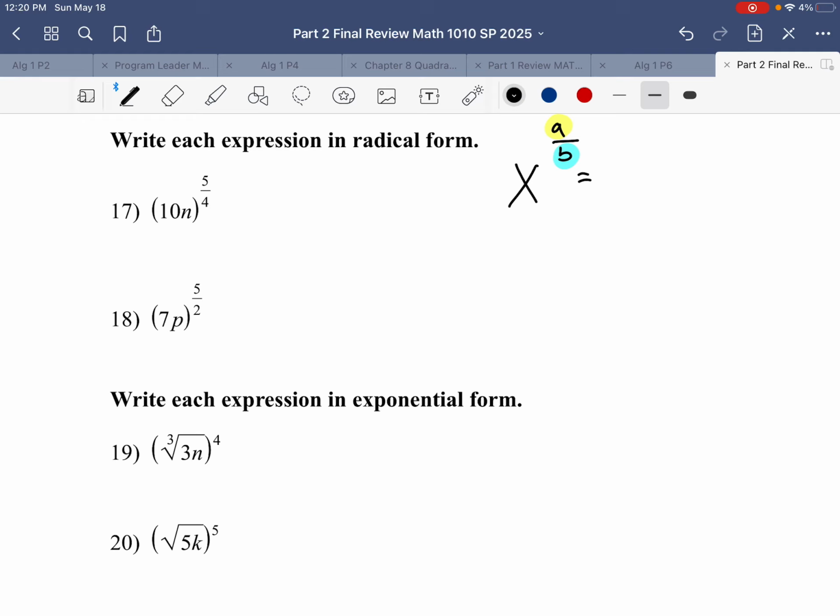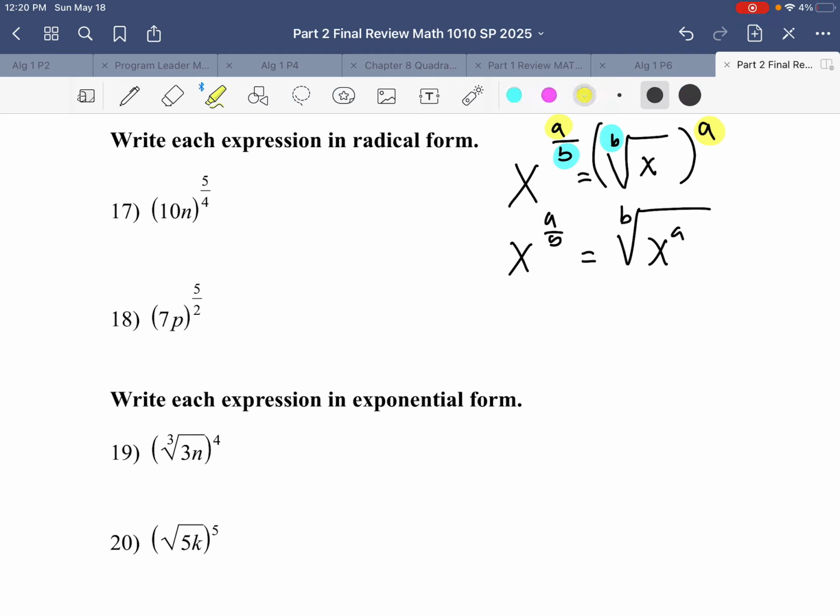I can write this two ways. I could write this like the radical with the b here raised to a, or I can rewrite this like x to the a over b is equal to x raised to the a, then taking the bth root.